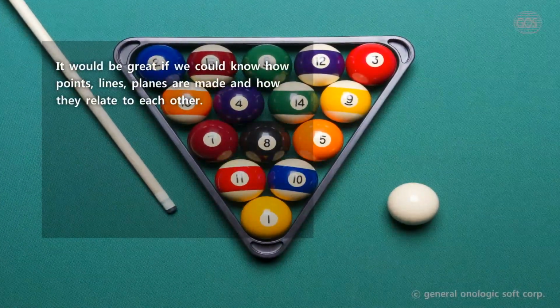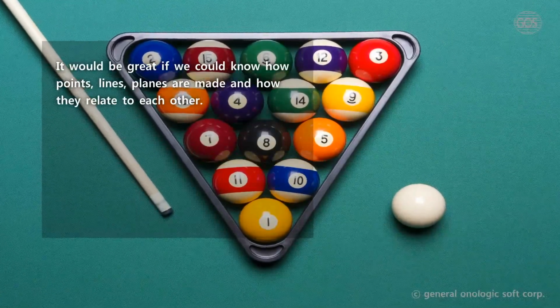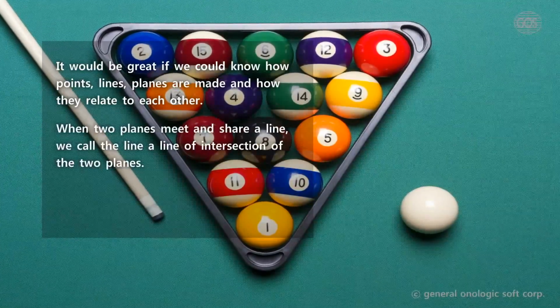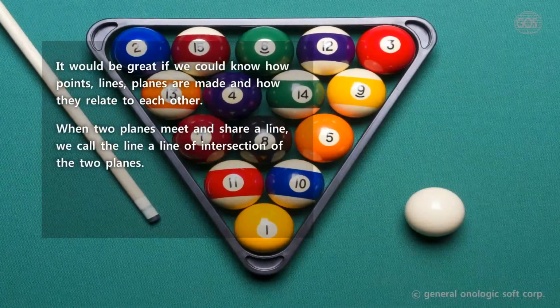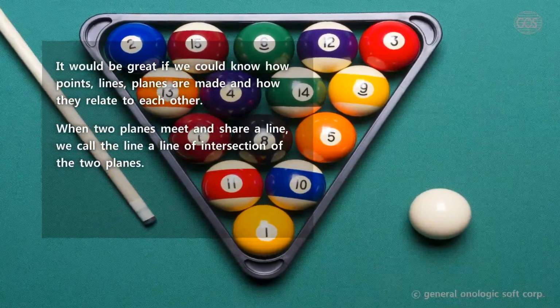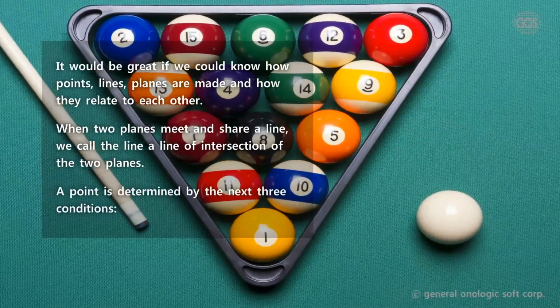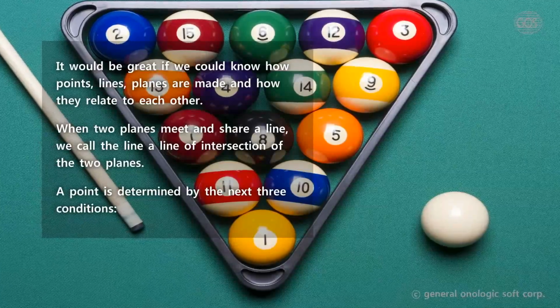It would be great if we could know how points, lines, and planes are made and how they relate to each other. When 2 planes meet and share a line, we call the line a line of intersection of the 2 planes. A point is determined by the next 3 conditions.